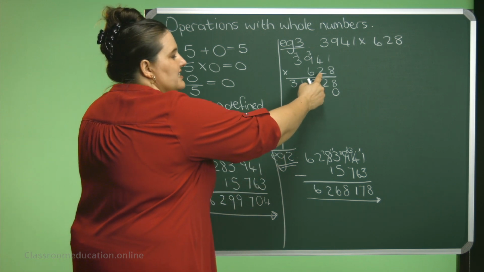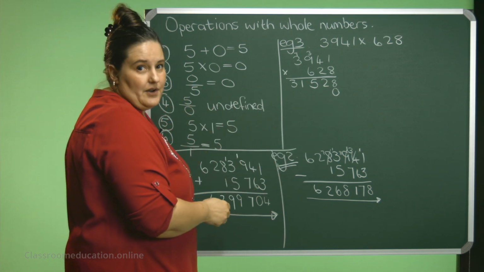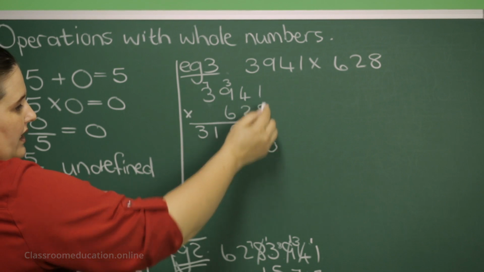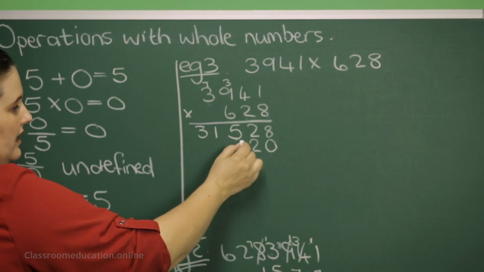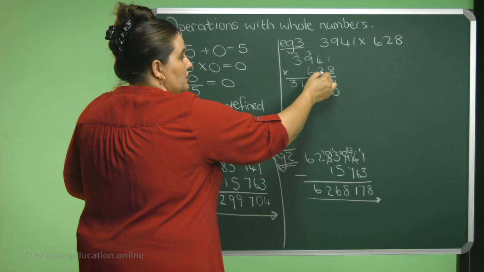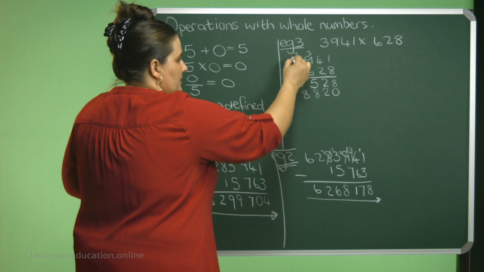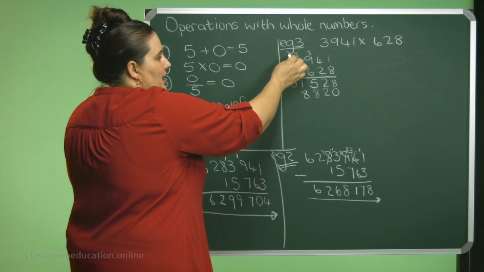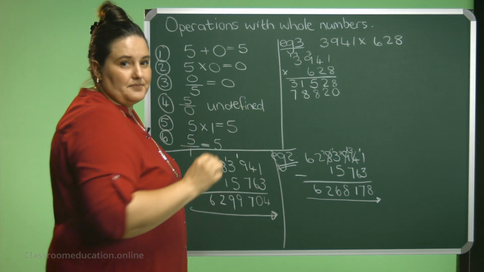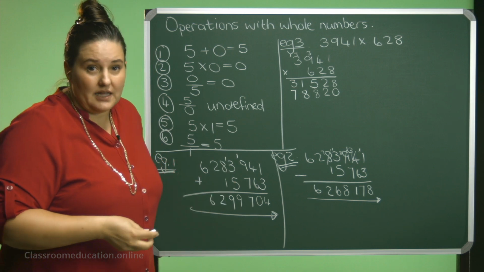And then we can just say like we are now multiplying with the 2 because we already have the 0 there. 2 times 1 is 2. 2 times 4, 8. 2 times 9, 18. And 2 times 3 is 6 plus the 1 is 7. Okay, now the 6, or actually the 600.